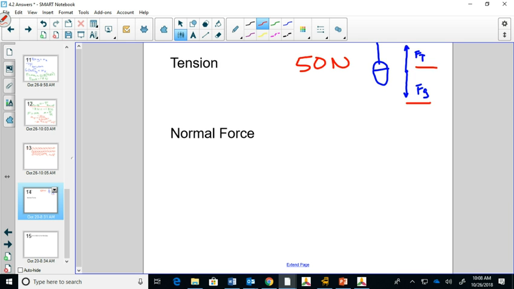Does that make sense? Because gravity is pulling down on the rope. If you accelerate the rope upward, you're putting tension on the rope, pulling it upward. So both of those forces are affecting the rope. Does that make sense? Should we do a quick problem with this so you can see that?